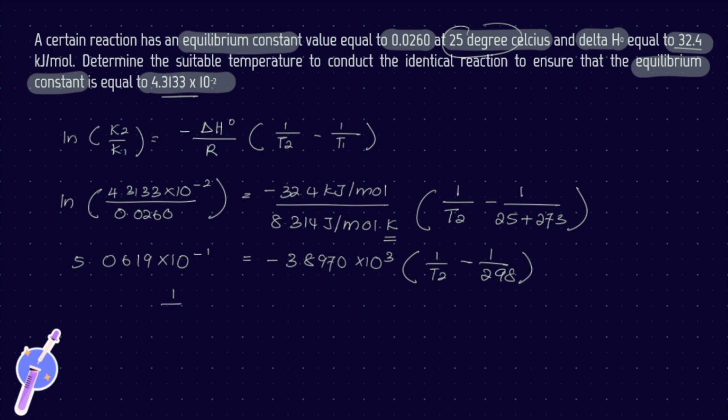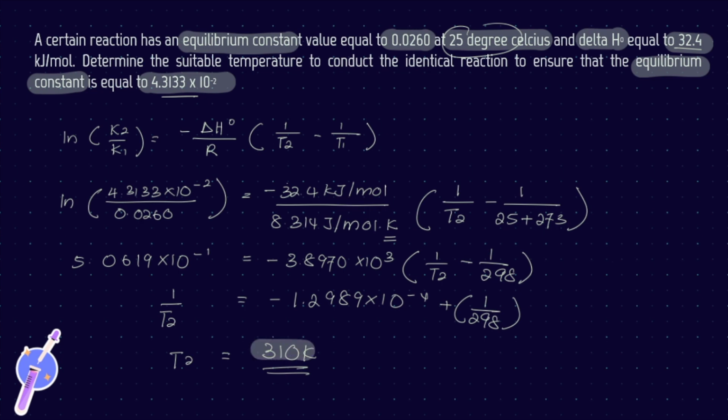You will get 1 over T2 is equivalent to negative 1.2989 times 10 to the power of negative 4 plus 1 over 298. Therefore, your T2 should be equivalent to 310 Kelvin. From this 310 Kelvin, you can calculate back to degrees Celsius. So 310 minus 273, you shall get 37 degrees Celsius. So this is the final answer for the fourth question.